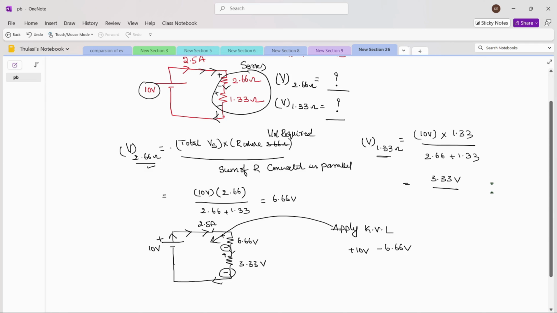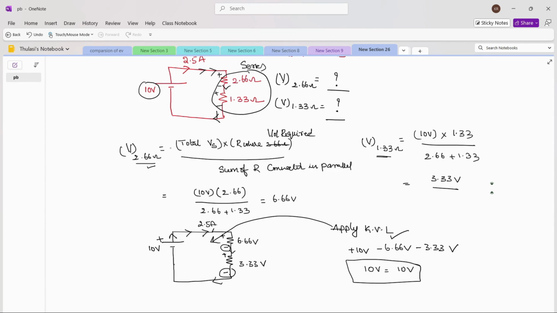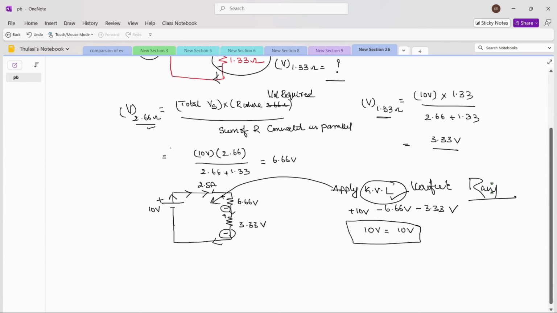What is the leaving terminal? Minus 3.33 volts. So now we can write 10 volts is equal to, when you add them, you will also get 10 volts. Whenever source voltage is equal to load voltage, I can say that our KVL is verified. If the KVL is verified, 100% the answer is correct. That's how to verify KVL.